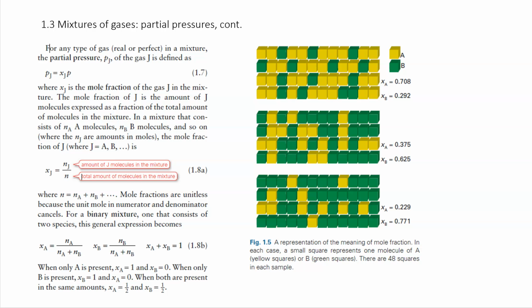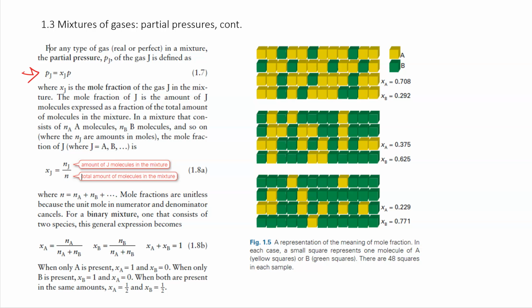Well, because if the pressure is proportional to the amount, then if the pressure is simply a sum of partial pressures, we can express those partial pressures as mole fractions. So for any real gas, or ideal gas in a mixture, the partial pressure, P sub J, of gas J is defined as the following.